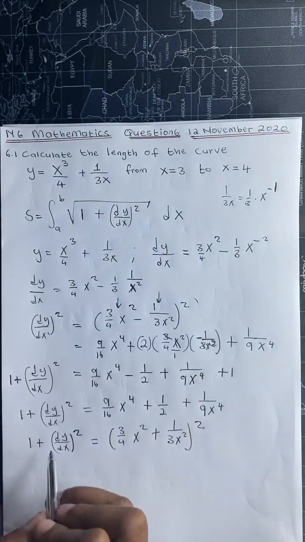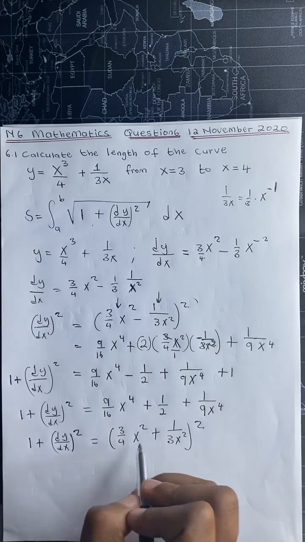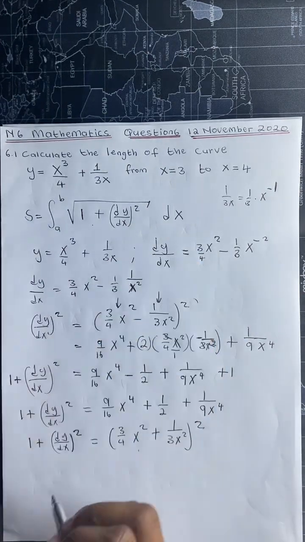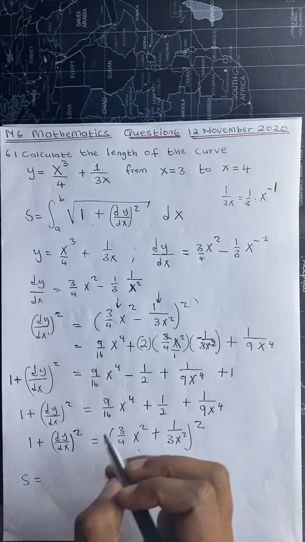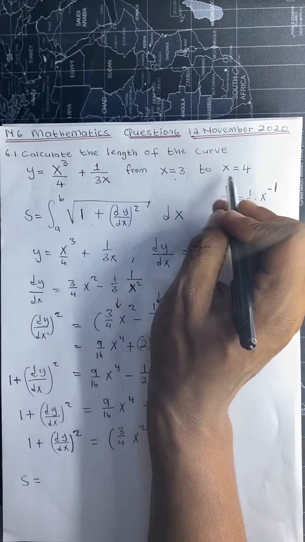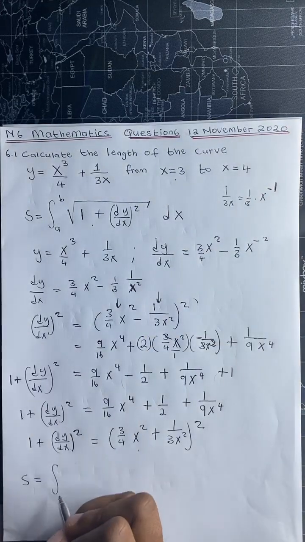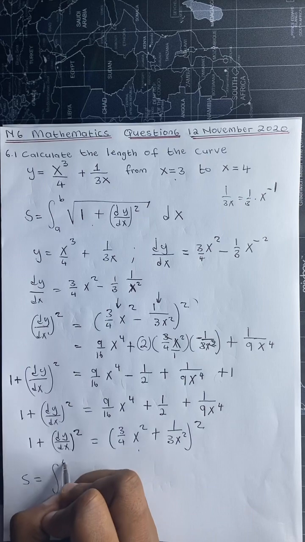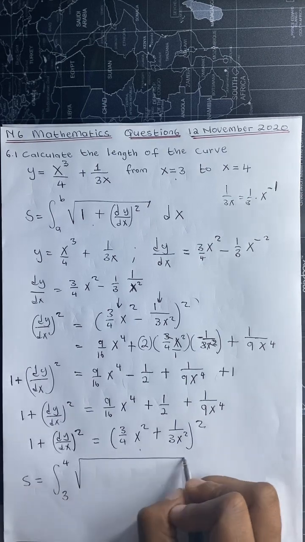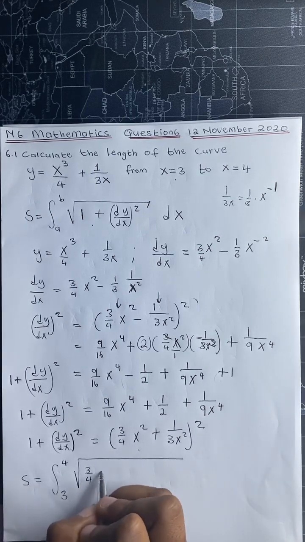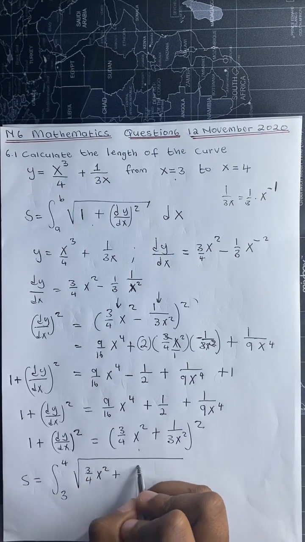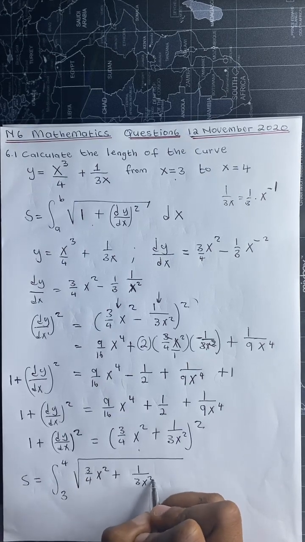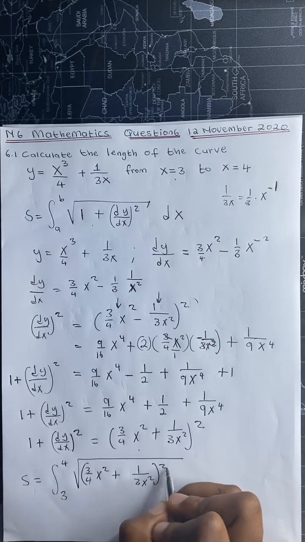So we have this inside the square root, because this is equal to that. So we have x as is, and our integral is from 3 to 4 of 3 over 4 x squared plus 1 over 3 x squared, and all of this thing is squared.